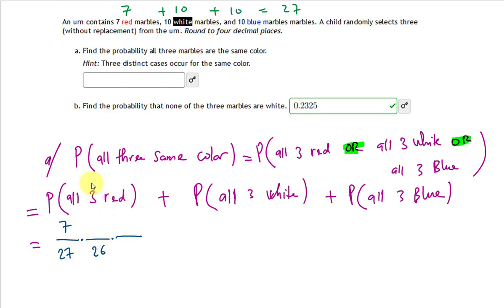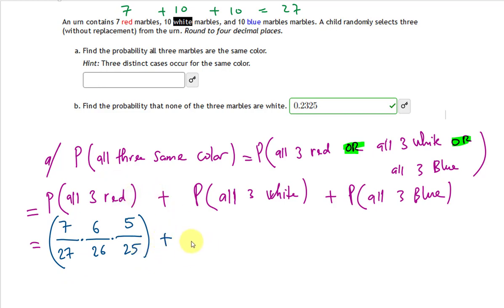And then you want the second one to be red, and because we already took 1, we have 6 red out of 26. And then lastly, we do not put it back, so we have 25, and because we took 1, now we have only 5 red out of 25. So this is the probability of getting all 3 marbles to be red.